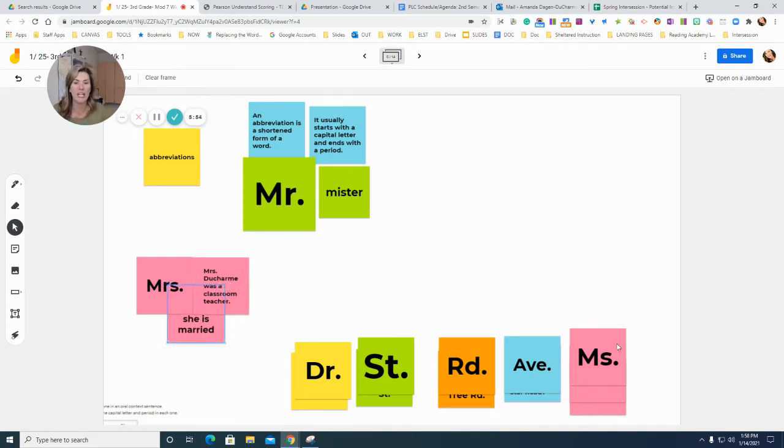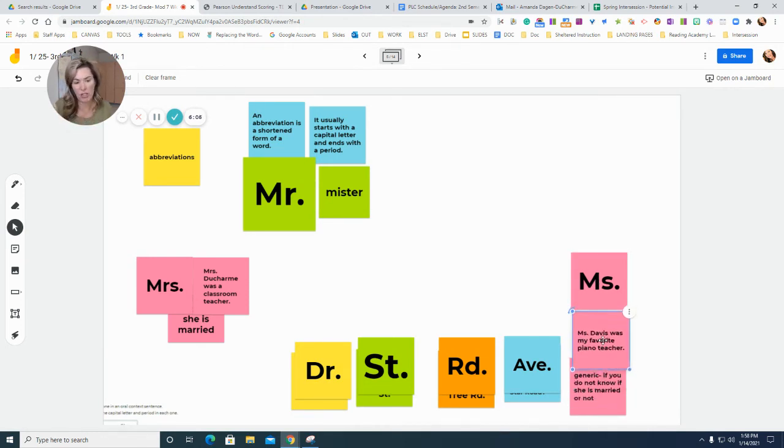MRS typically means that the person is married. Now, on the other end of the spectrum, Ms., you see how I say Ms., not Mrs., that is typically a generic way of saying that someone could be married or not. If you don't know if the lady's married or not, you put capital M-S, period. Ms. Davis was my favorite piano teacher.